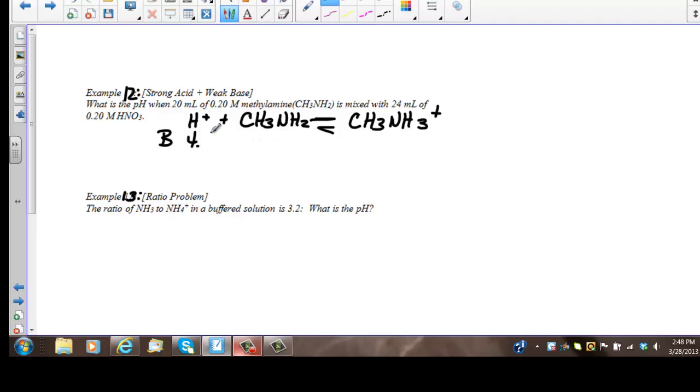Oh, that was my acid, so this is 4.8. Sorry. 24 times 0.2 is 4.8. My base is my 20 times 0.2, which is 4. This is going to be 0. My change is going to be minus 4, plus 4, and afterwards I'm going to have 0.8, 0, and 4.